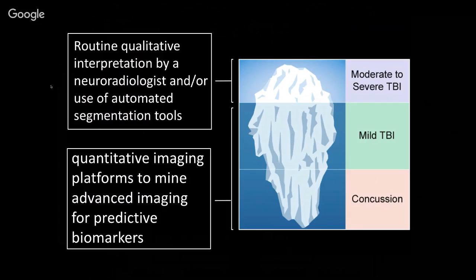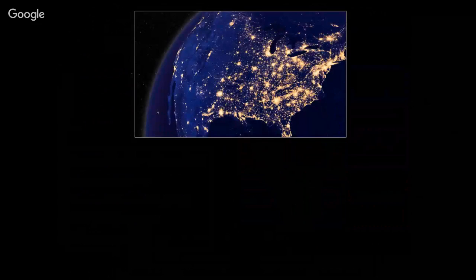allow neuroimaging to have a greater role in traumatic brain injury for this very large group of patients who have mild TBI and concussion, where neuroimaging presently has very, very little role. So for mild TBI and concussion, we want to build the quantitative imaging platforms necessary to mine that information, and even in severe traumatic brain injury, to provide additional information to practitioners for the space between those grossly visible lesions, so we can have a better understanding for diagnosis and prognosis in those patients as well.